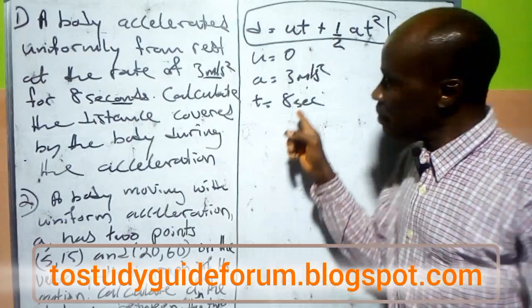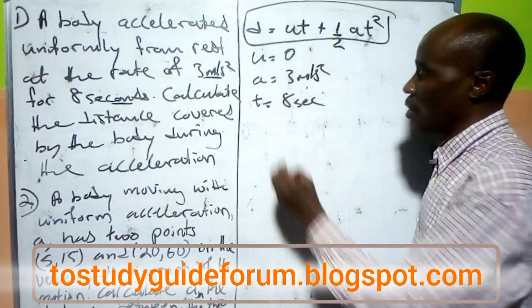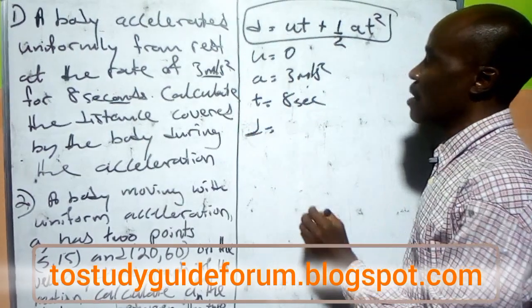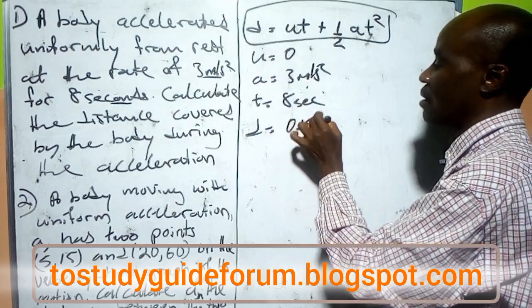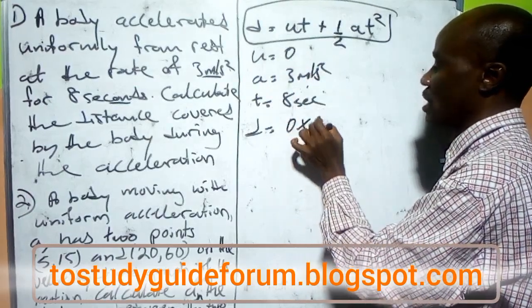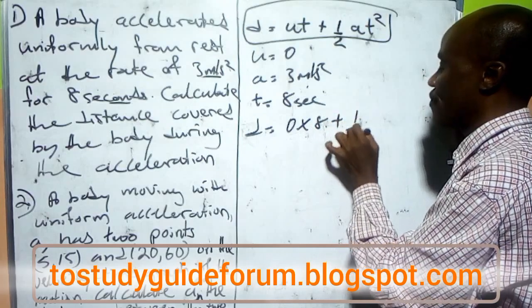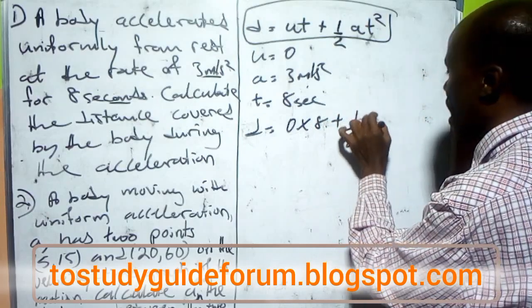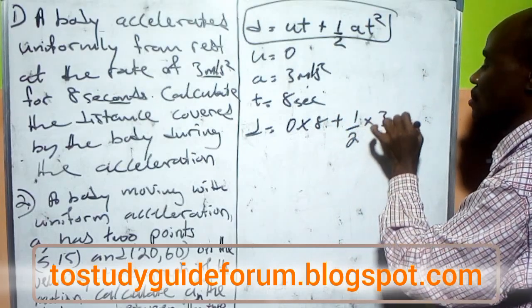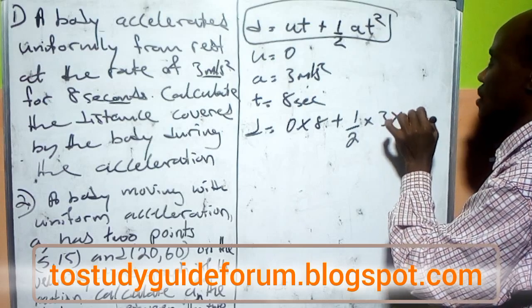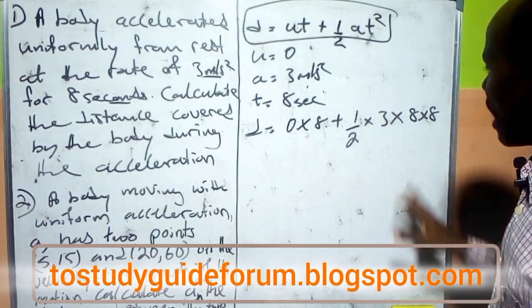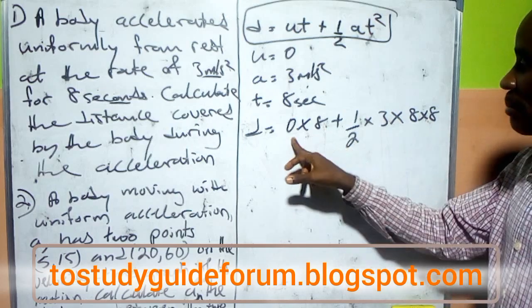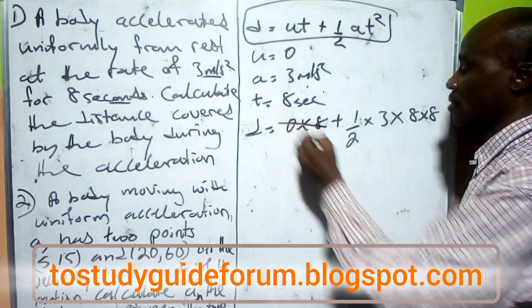So, in this equation of motion, you have the distance, and u is 0, times time, which is 8 seconds, plus half a, which is acceleration, times time squared. So based on this, 8 times 0 will give us 0, so this one will go out.